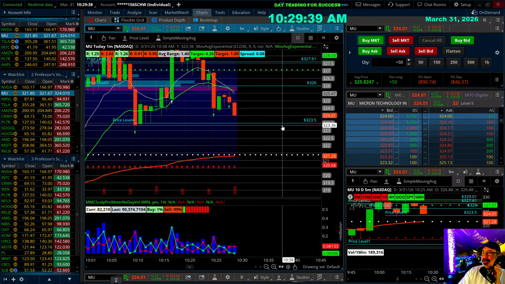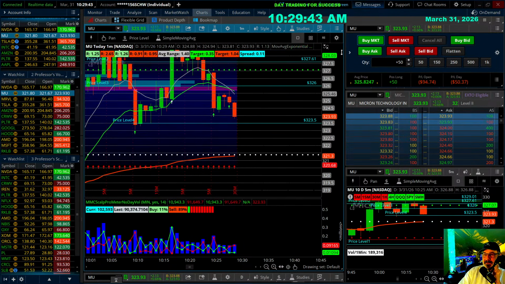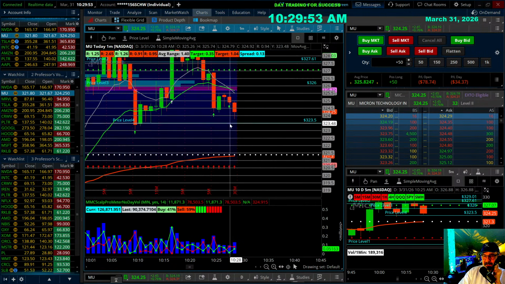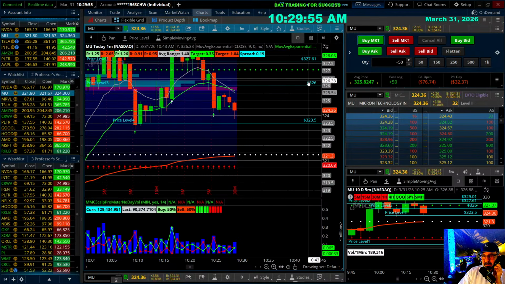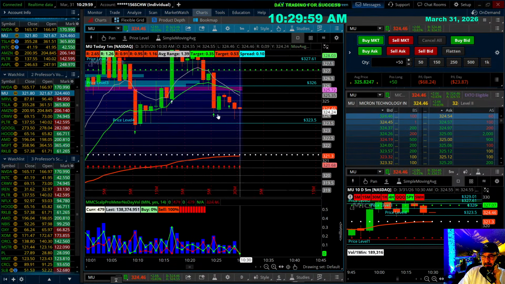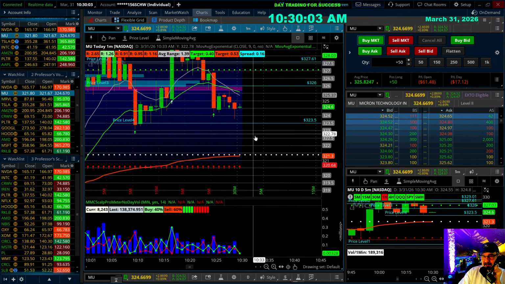Overall, the QQQ and the SPY are kind of swaling upward, so I think I might add to this down here. If it gets near the 323.50 down here, I'm thinking about adding to it. I could have got out of my positions multiple times had I done that.